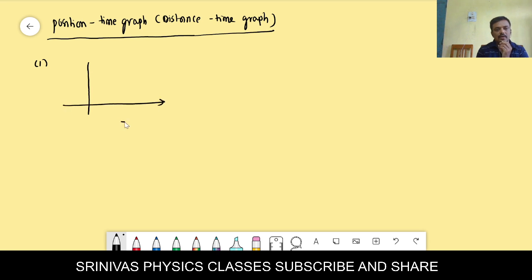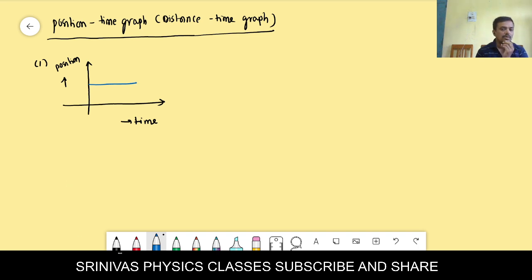For the position time or distance time graph, you take the time on the x-axis and the distance or position on the y-axis. Then how will the graph be? The graph will be a straight line parallel to the time axis.